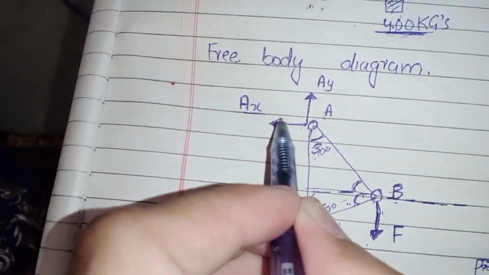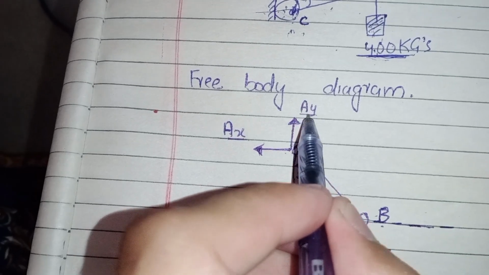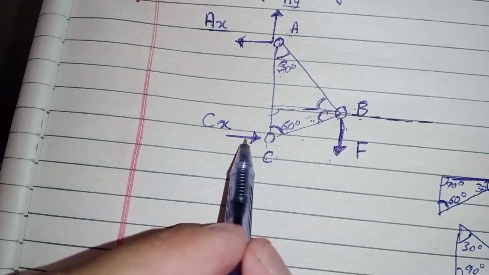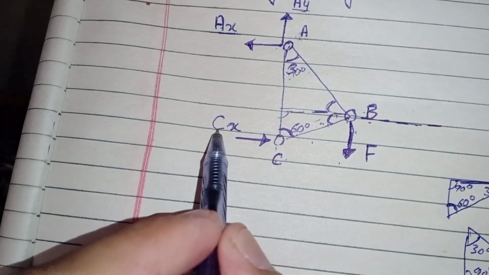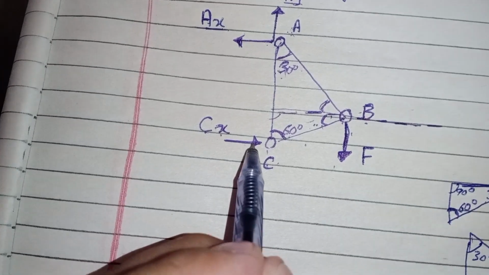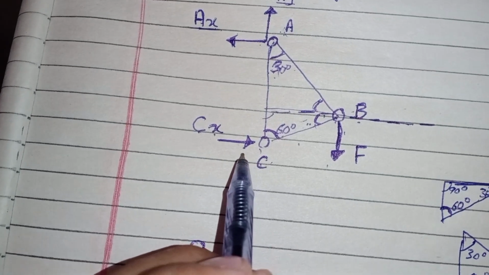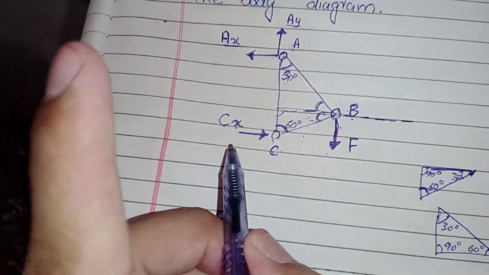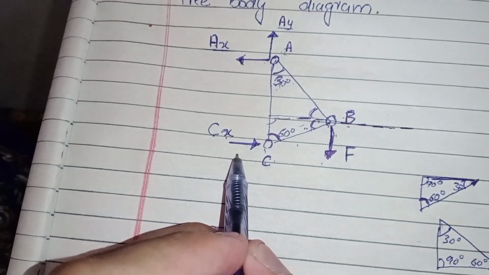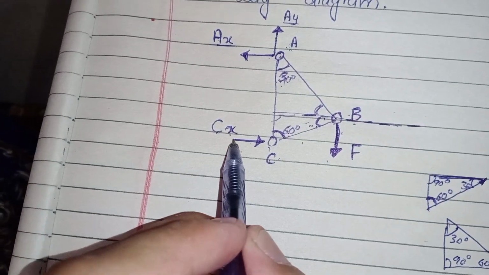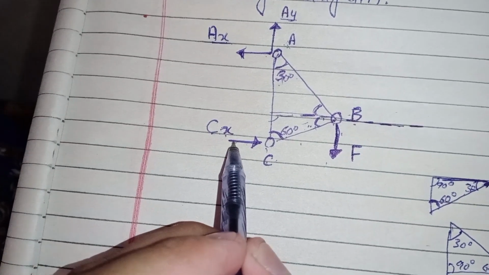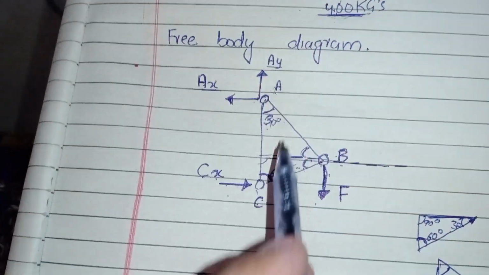This is also a reaction force at AY, and this is the reaction force at point C, CX. Roller support only resists one force. Okay, that will be in X direction in this question.